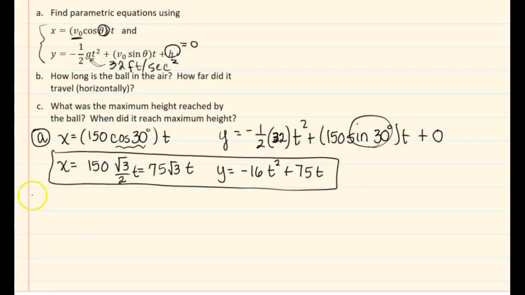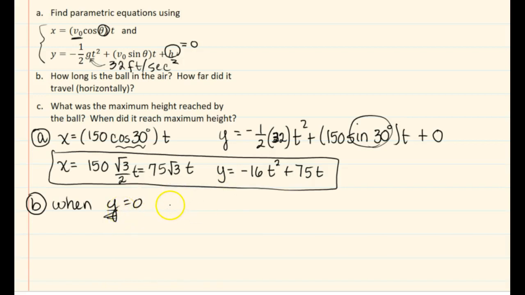Moving right along, we see for part B we need to find how long the ball is in the air. So really what we want to know is when y is equal to 0. Because while it's in the air, the height will be bigger than 0. So when y does equal 0, that is when it's on the ground.